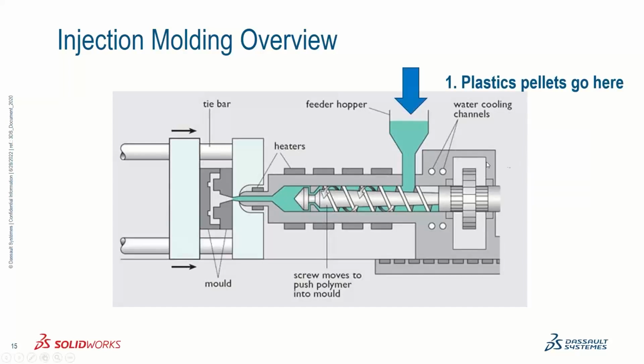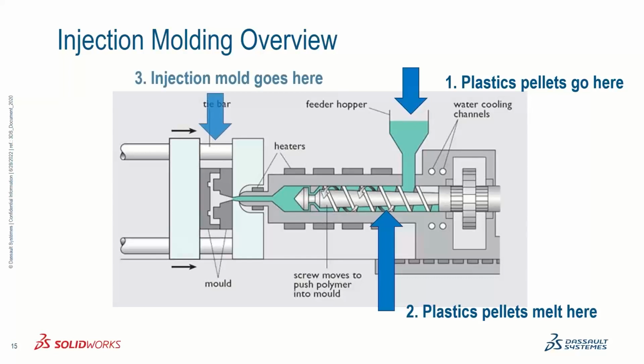A little bit more detail about the injection molding manufacturing process itself. Plastic pellets are fed into this bucket-like contraption called a feeder. They are then transported into a heating chamber. A combination of heating and friction melts the pellets. And once you have a homogeneous melt of plastic, it is then injected into the mold.